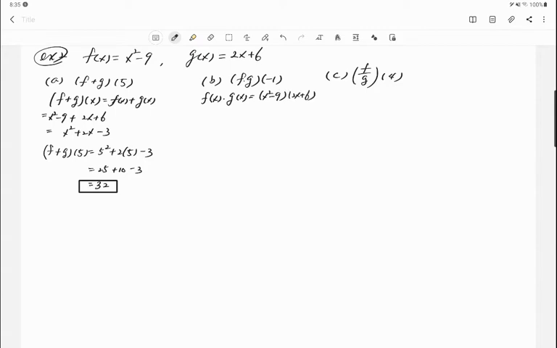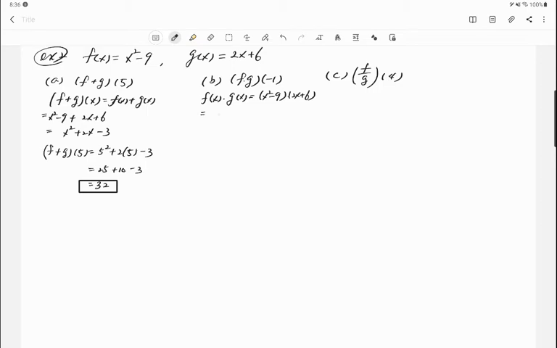We're going to multiply these two. Actually, you don't have to distribute it, because we're going to replace x with negative 1, right? But let's simplify this. You don't have to, but let's do it.